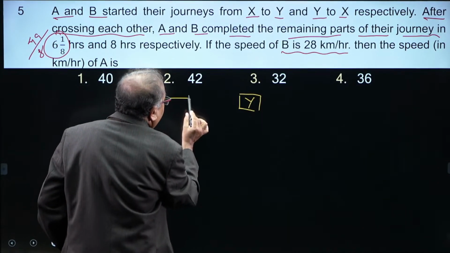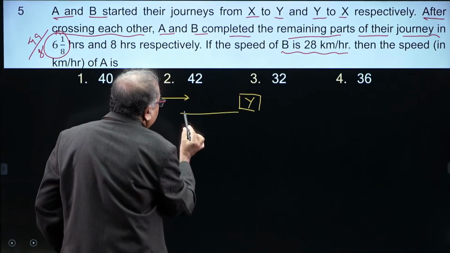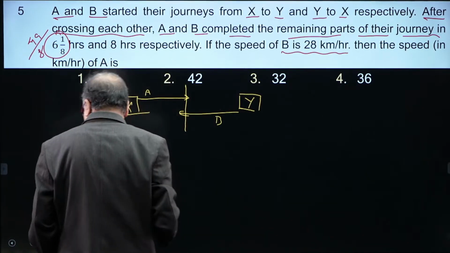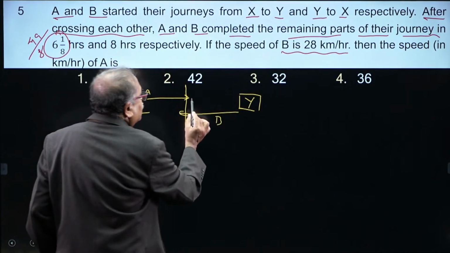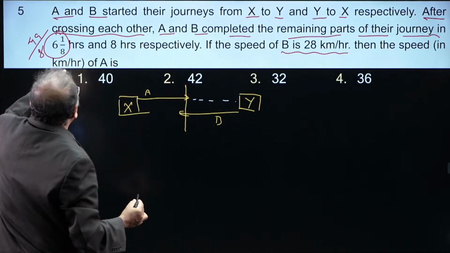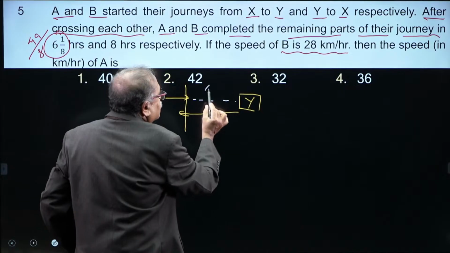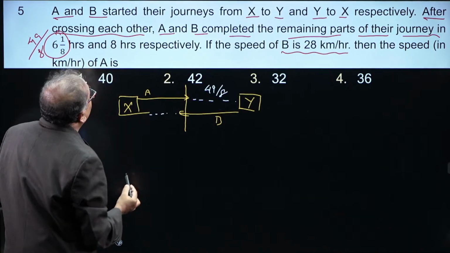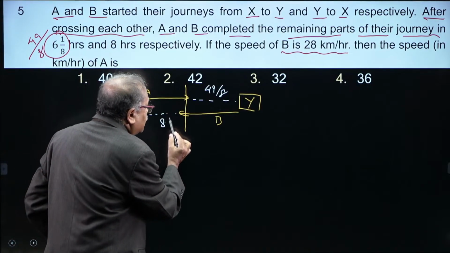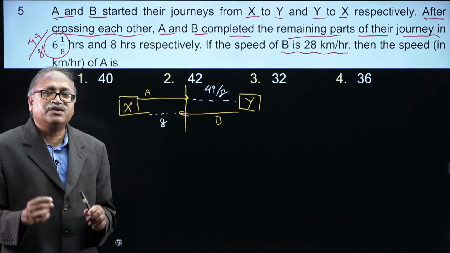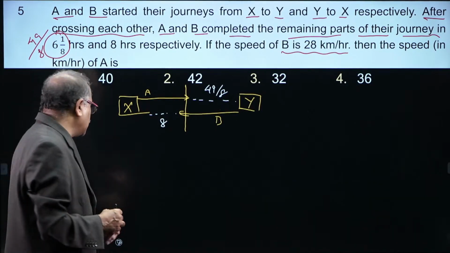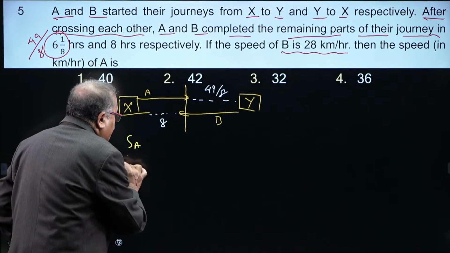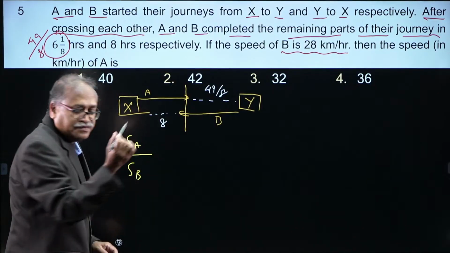A starts from here, B starts from here, this is A and this is B. After crossing each other, A takes how much time? 49 by 8 hours, and B takes how much time after crossing each other? That is 8 hours. There is a very straight formula to find out the ratio of the speed of A to B, the speed of A by speed of B.